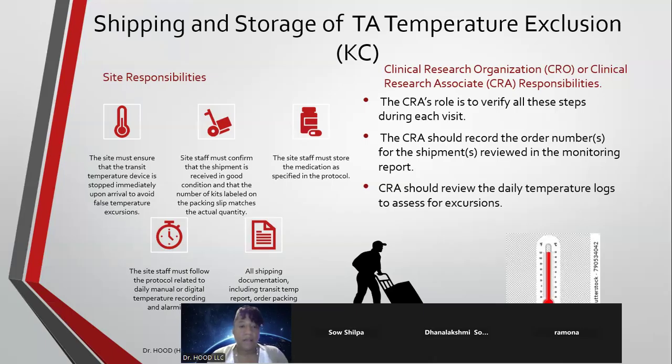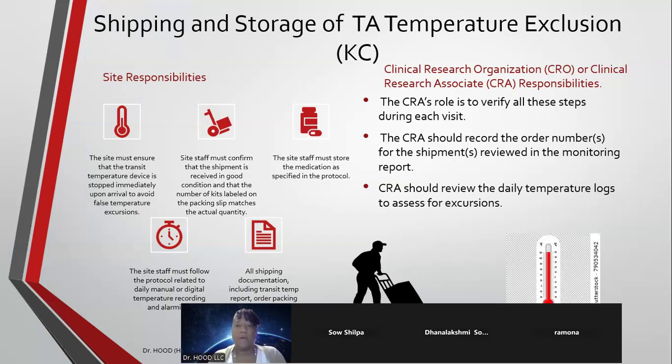The staff must follow the protocol related to daily manual or digital temperature recording. So the protocol is going to specify if digital data is required to record temperature, where it's like every 5 minutes, every 30 minutes, they're going to make that known in the protocol. Or if the site can just do a manual log, just write down daily what the temperature was based on what they saw.